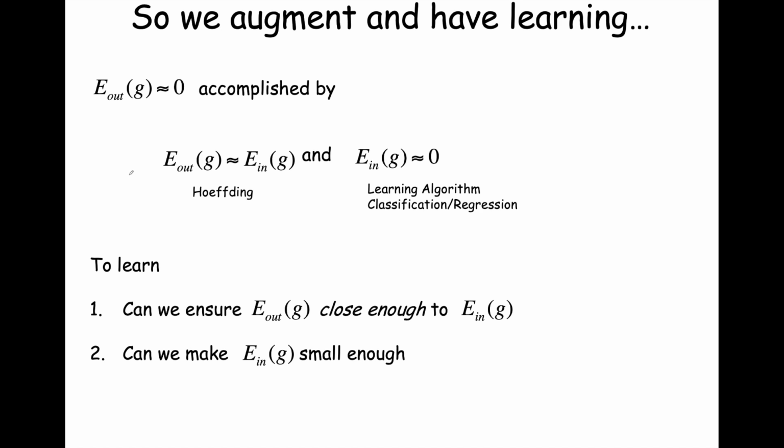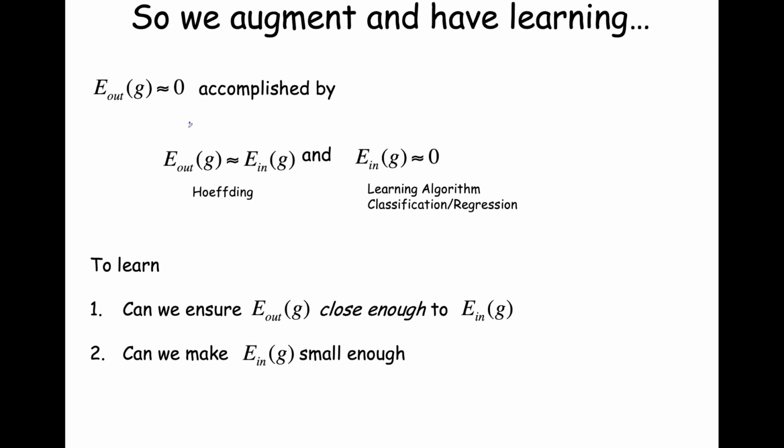Well, we get our out-of-sample error for our final best hypothesis, g, to be approximately 0 by striking that balance as prescribed by Hoeffding's inequality for the union-bound case. That means that E_out for this final best hypothesis is going to be very close to E_in for this final best hypothesis. Now, through the action of our learning algorithm, we drive in-sample error to 0.